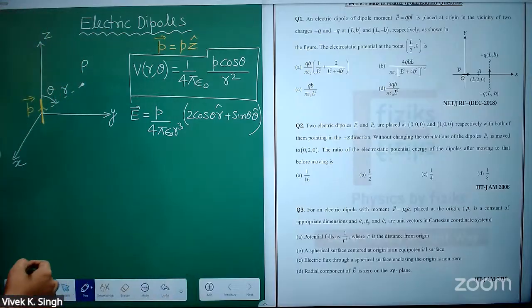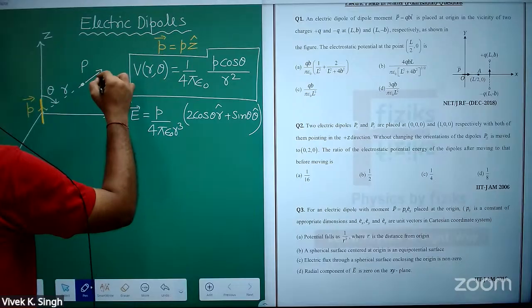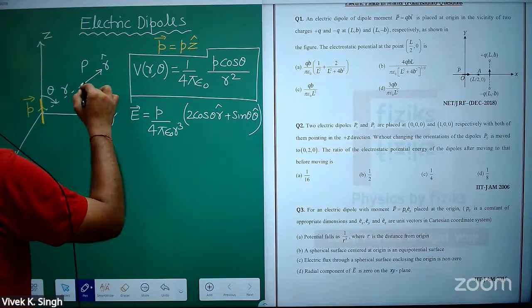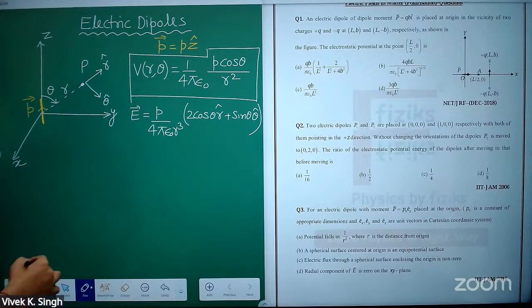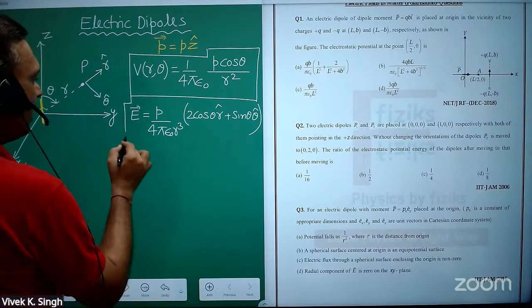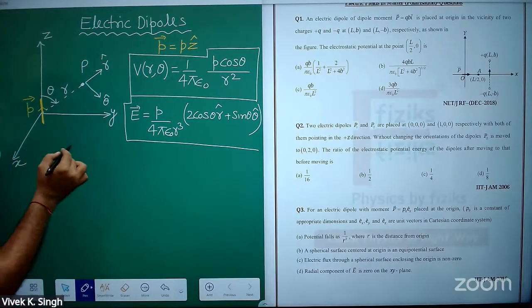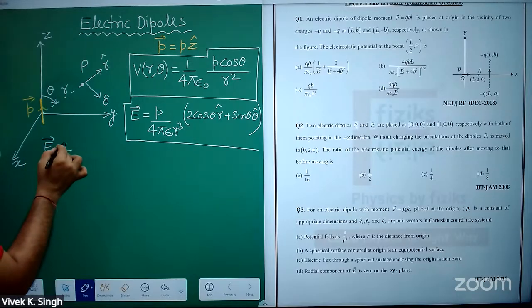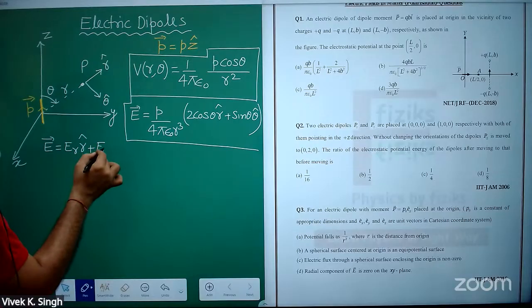This will be the electric field due to dipole, where in spherical symmetry this is r cap direction and this direction is theta cap. So it means E has two components of the electric field. E is given as E_r r cap plus E theta theta cap.